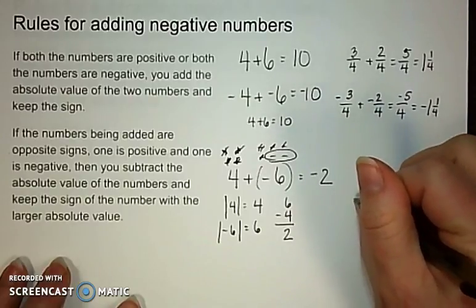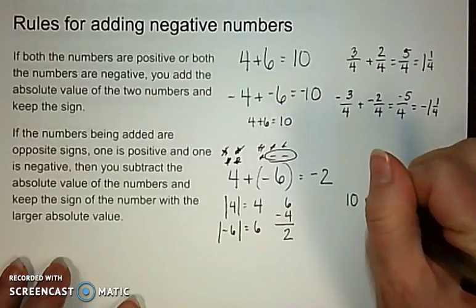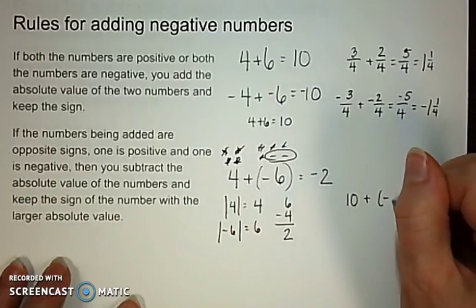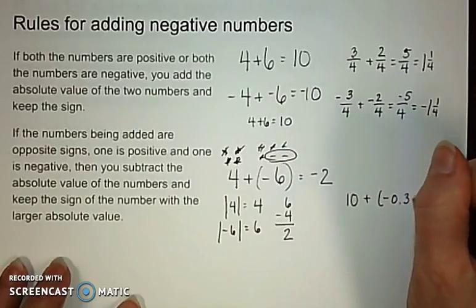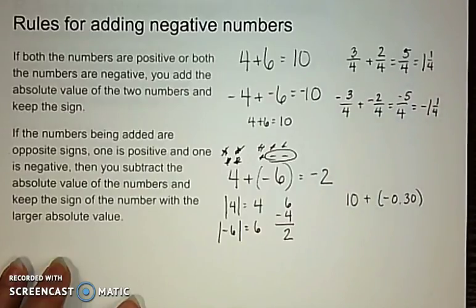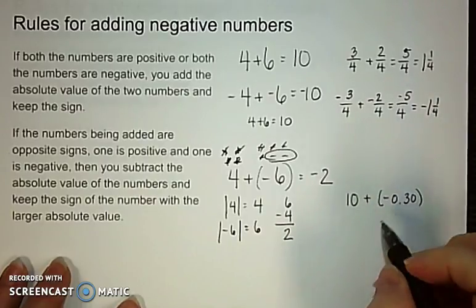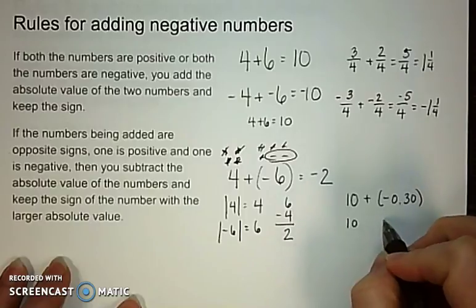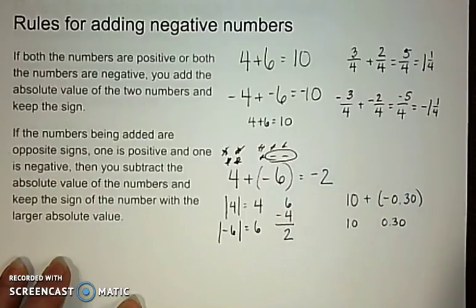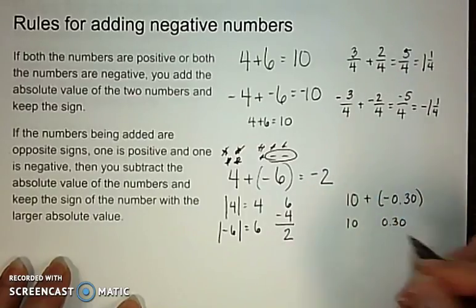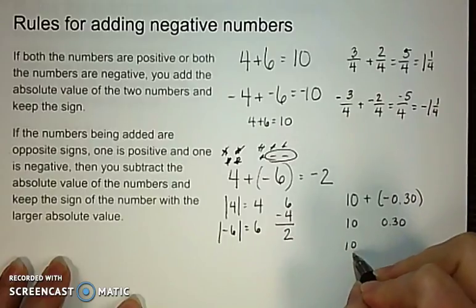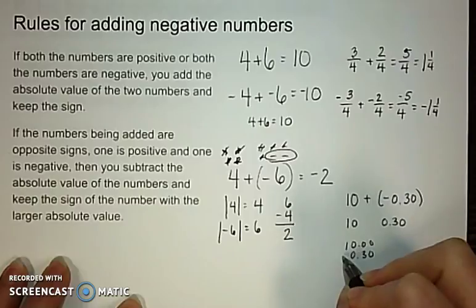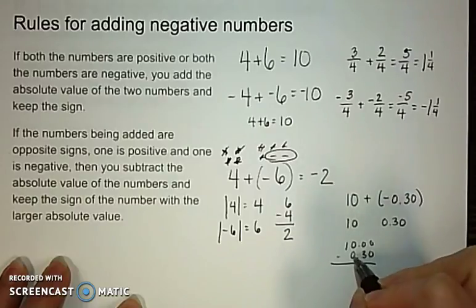So say I had 10 plus negative 30 hundredths. Once again, I'm going to take their absolute value. So I've got 10 and I've got 30 hundredths. Because they are opposite signs, I'm going to subtract them. And I have to make sure in this case that I line up those decimals when I go to subtract.